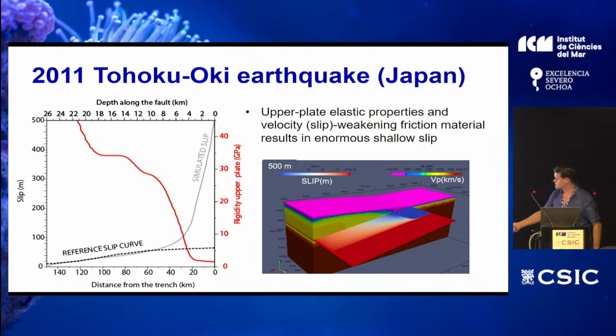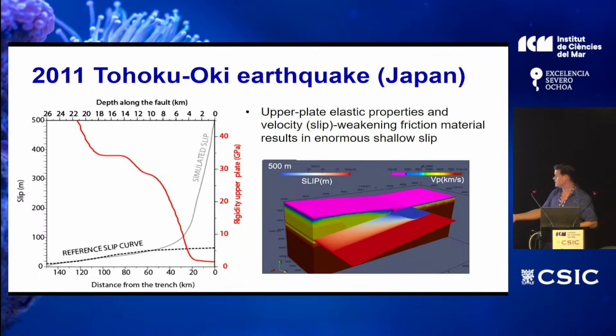What you see over here is distance from the trench. This is slip, so fault displacement. And in dashed lines, what you see is the reference slip curve, an average of the slip curves from many studies. So basically, the average slip in the trench should not be higher than maybe 40, 50 meters.